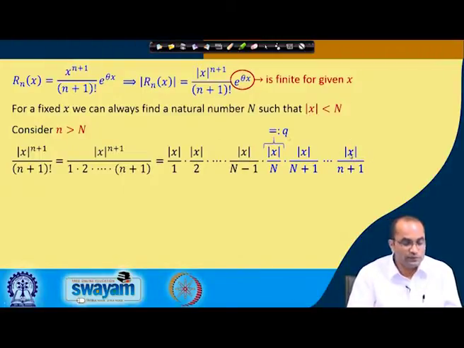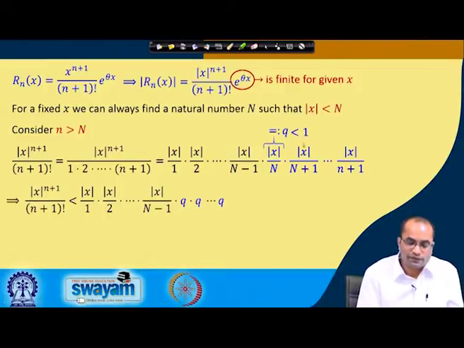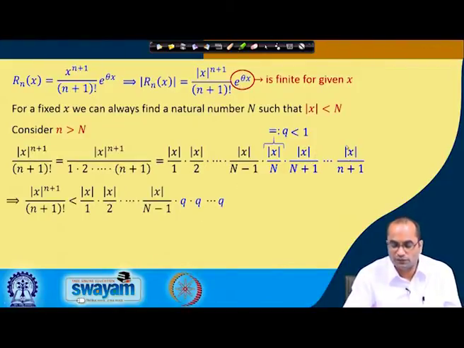Again, note that this n was bigger than N. So, we have gone up to this n plus 1 term, with this N somewhere in the middle. Because the absolute value of x divided by N is less than 1, we can replace this equality by the inequality, less than or equal to, because here we have replaced by q, and this one is also replaced by q, though it is less than q. All these terms are less than q.